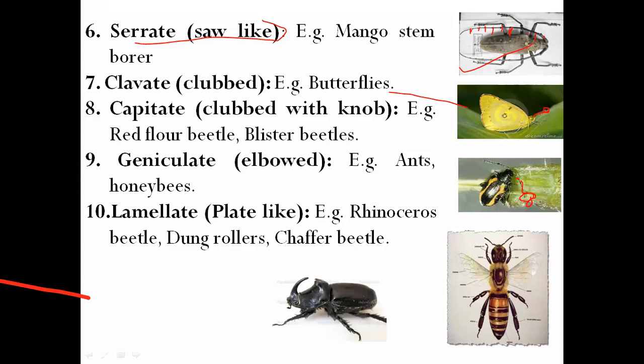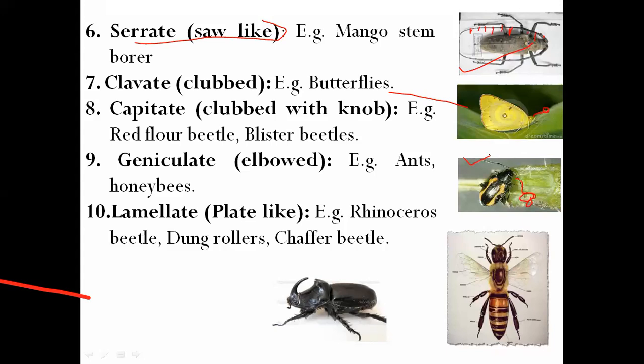Okay, examples are the blister beetle and red flower beetle observed in our stored grain, and blister beetles observed in inflorescences of tur and bhindi, where we can see this blister beetle. Okay, the one I showed you is not a blister beetle, it is just an example of beetles that have capitate antennae.